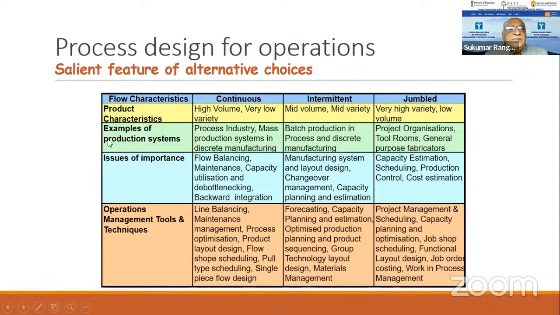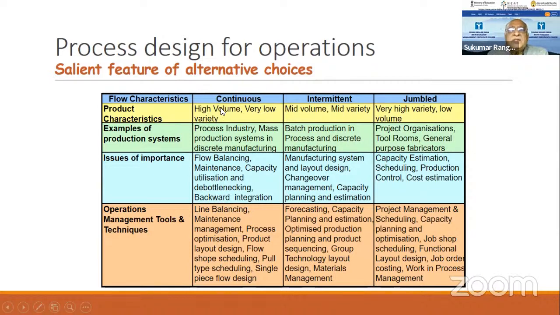And types of production: in the case of continuous flow, there is high volume, low variety; intermittent systems, mid volume, mid variety; jumbled systems, high variety and low volumes. Similarly, for production systems, usually there's a process industry or a discrete mass production. Intermittent can be batch production in process and discrete manufacturing. This is a project organization, tool room, or general purpose fabrication.